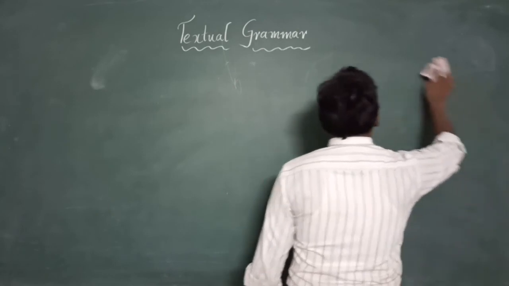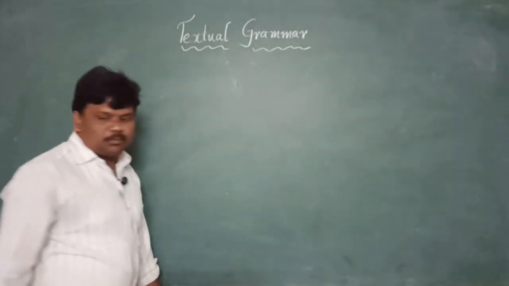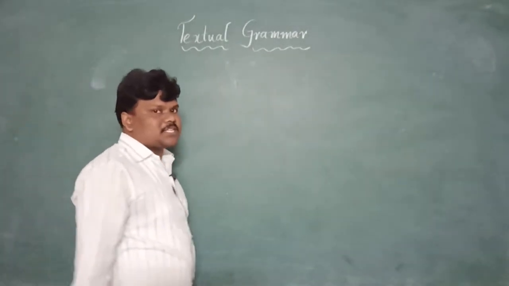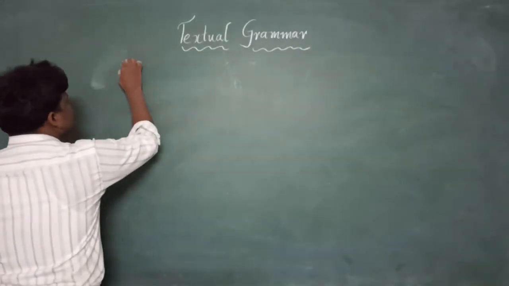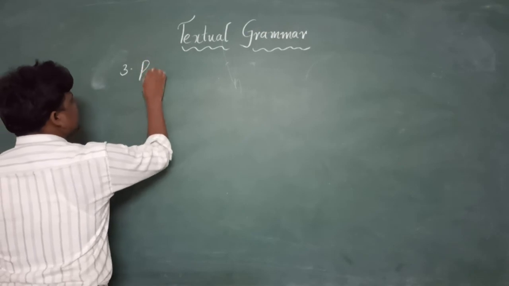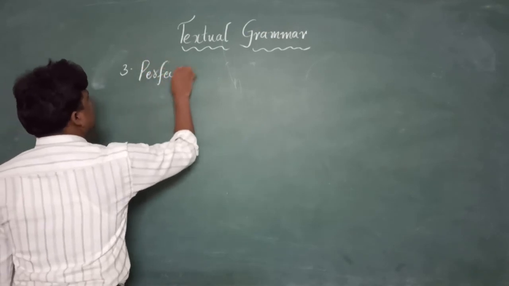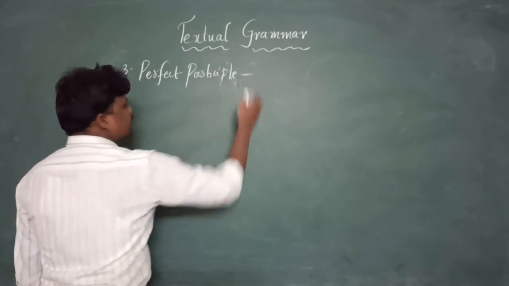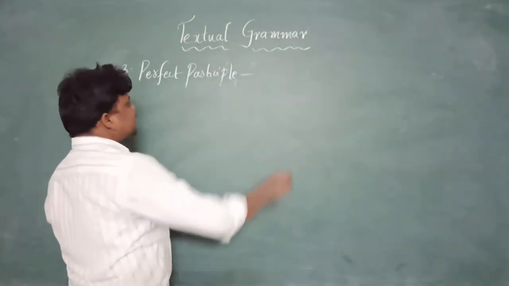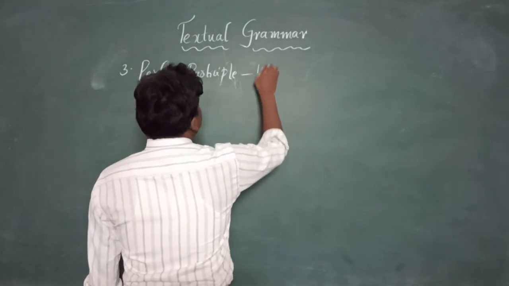Now we are setting foot into the last and third topic in participles, which is called the perfect participle. We need to start our answer with having.